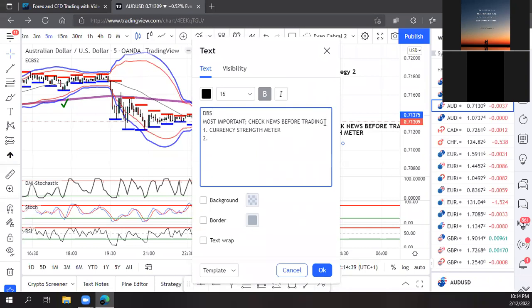All right, so we are going to consider this as check. So with your double blessing strategy, you're looking at the currency strength meter first.